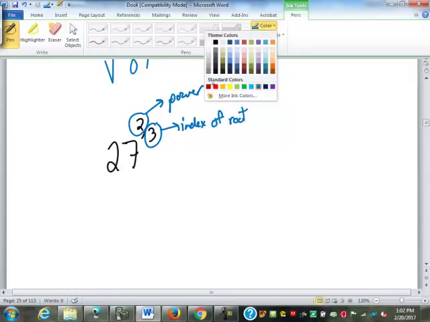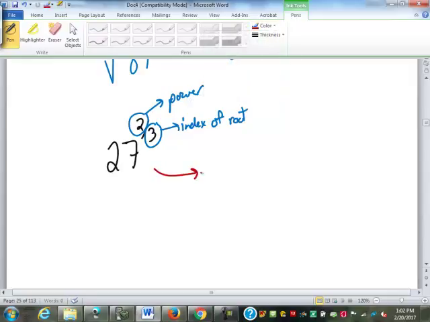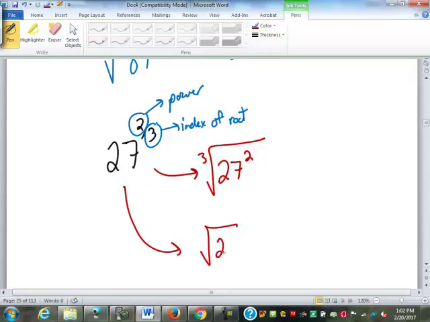So this can be interpreted in two ways. One, this can be 27 squared and then take the third root. Or two, it can be the third root of 27 and then squared. Either way, you're taking a third root and you're squaring it.